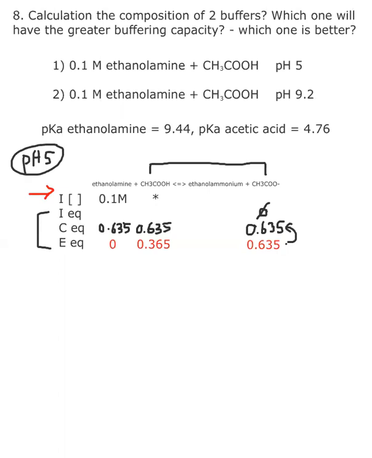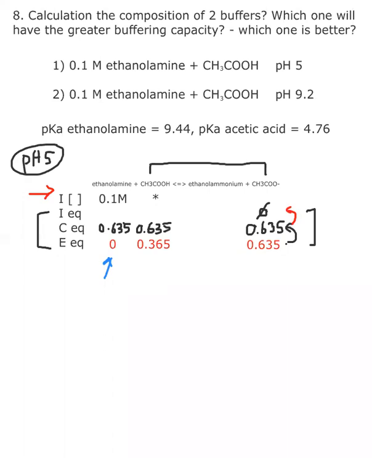Okay, so as we can see here, the change amount of each chemical would be 0.635, and we know that at equilibrium, ethanolamine would become 0. Now you can work backward to the initial line of equivalence at this step here.